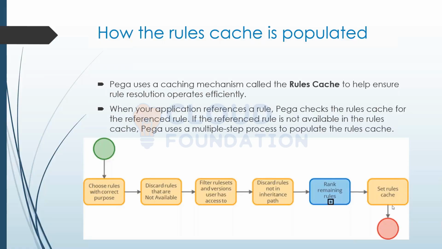Finally, when you're setting the cache, you might end up with just 4 or 5. Now the second step is discarding rules that are not available. I'm going to check the availability of the rules. If they are not available, please discard them. Then next, filtering the rule sets and versions the user has access to.